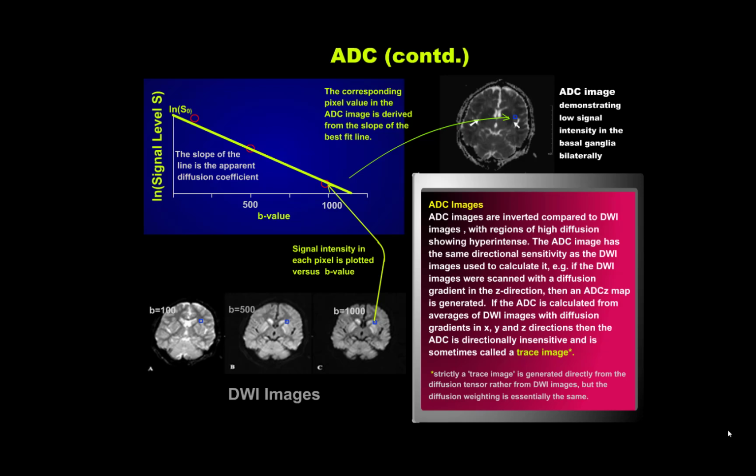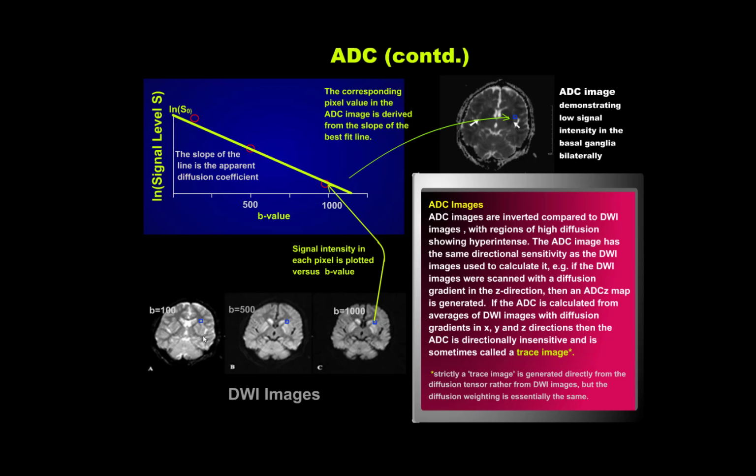The difference is that we will collect a number of DWI images at different B values. Taking an example here, we've run an ADC and it's used 3 different B values. So it's collected DWI images with different B values.